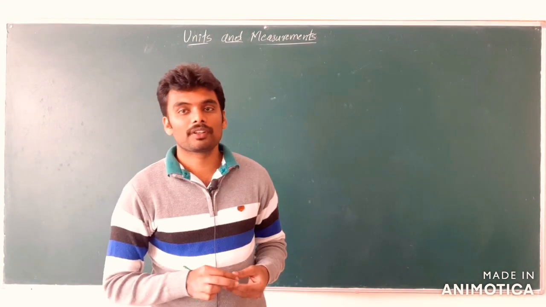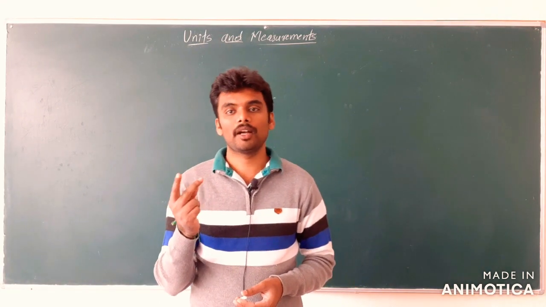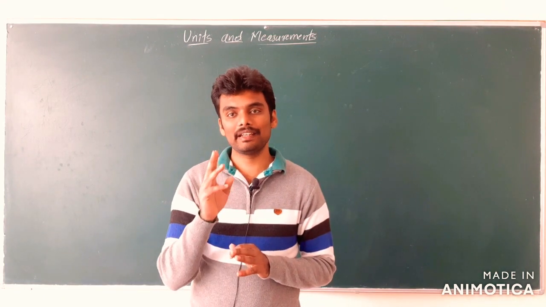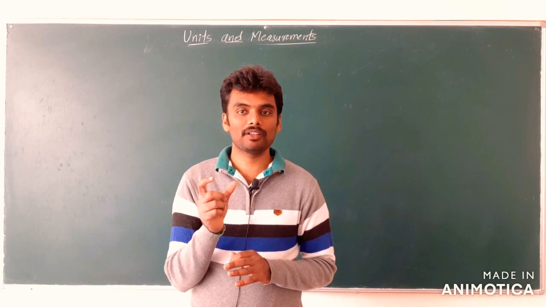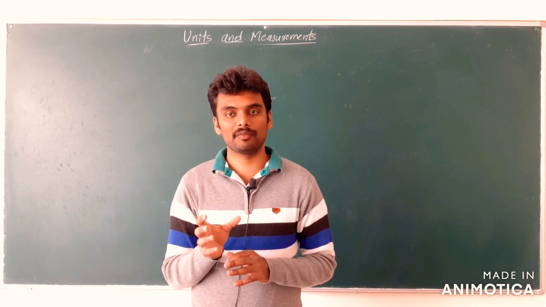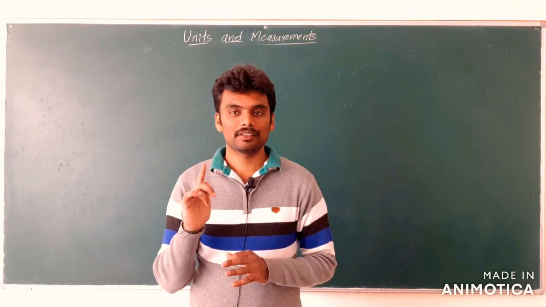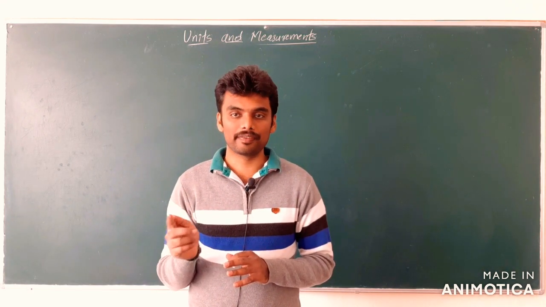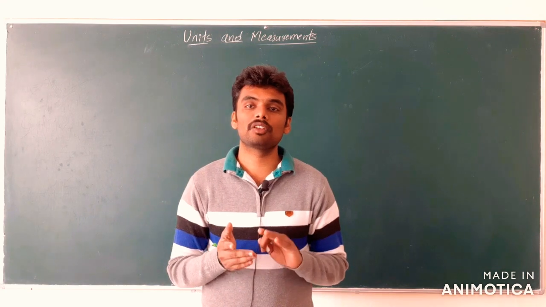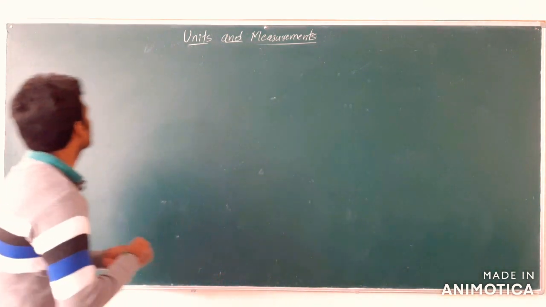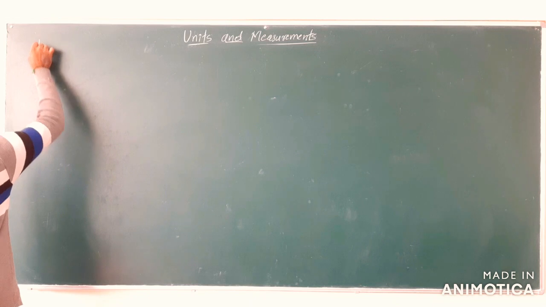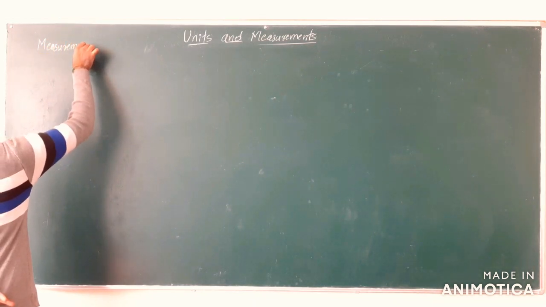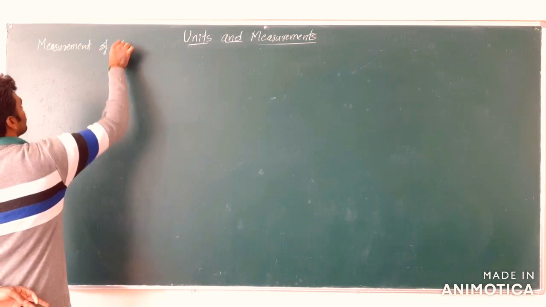I've told you that we are going to consider 3 quantities: length, mass and time. And in each quantity we are going to consider 3 ranges: small scale measurement, average scale measurement, large scale measurement. We are done with large scale, average scale and small scale measurement of length. And now we will move ahead to measurement of mass.